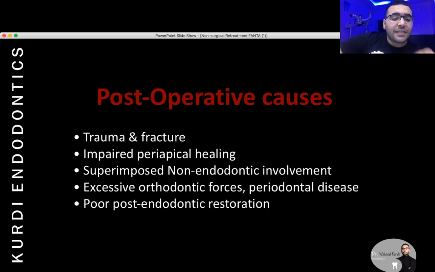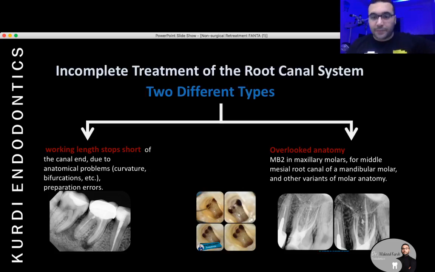And we also have post-operative causes like trauma and fracture, which may be related to the patient and his habits, and even to time. So we have three kinds of causes related to the failure of the previous treatment.